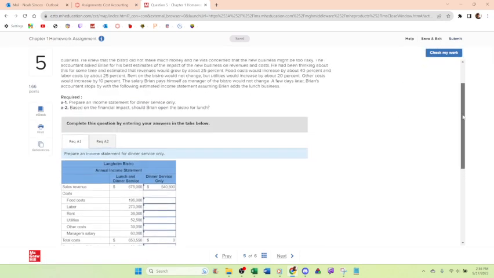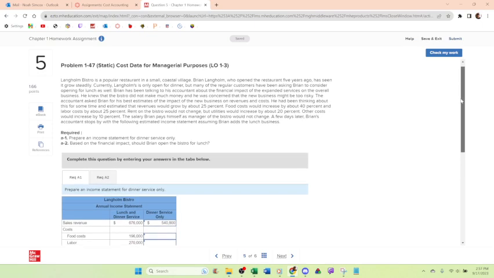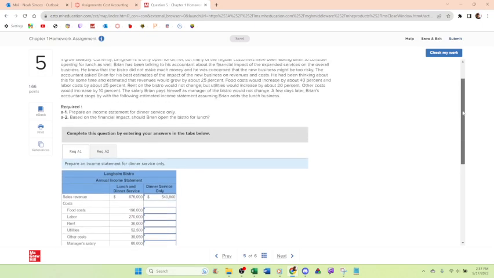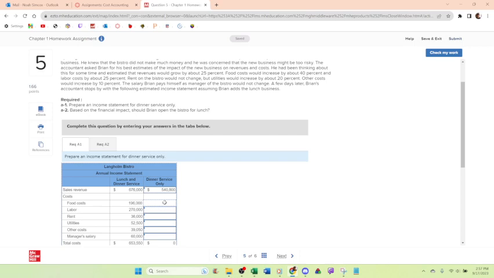So food is 196 divided by 1.4, the 40%. And then labor, would labor change?